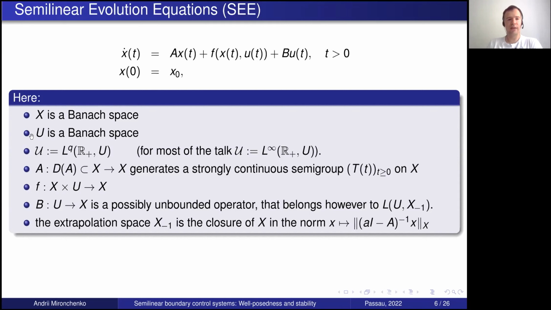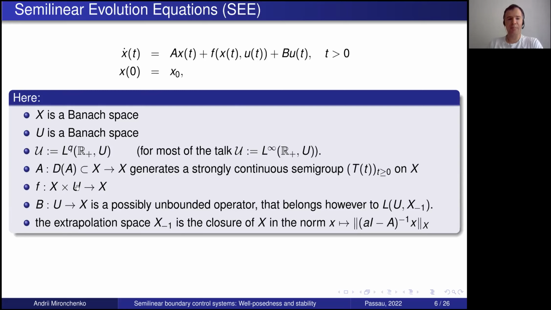U, which is the space of input values, is also a Banach space. The inputs we assume to be from some class L^q. For most of the talk, we will have L infinity inputs, though. F is some nonlinear map which is defined on the whole X times U.